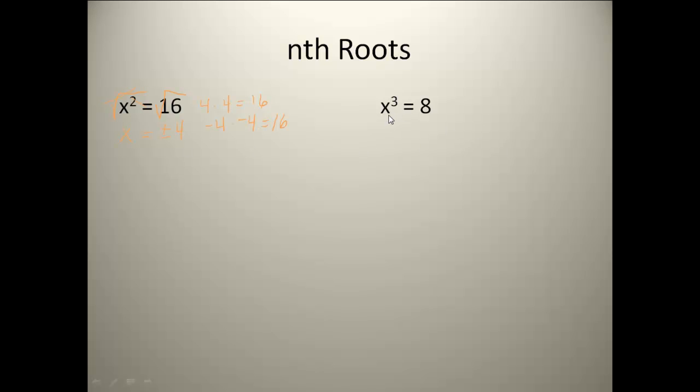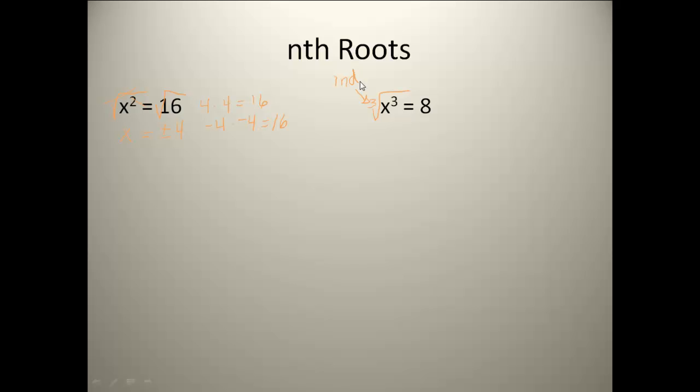Now if I were to ask you to calculate x cubed is equal to 8, you could go to your cheat sheet in your calculator, go to the cubed column, and you would find 8 on your list and figure out that x would have to be 2. Well, if we have to do this algebraically, in order to get rid of a cubed, we do what's called a cubed root. And it looks very similar to a square root, except we put a little 3 right out here.